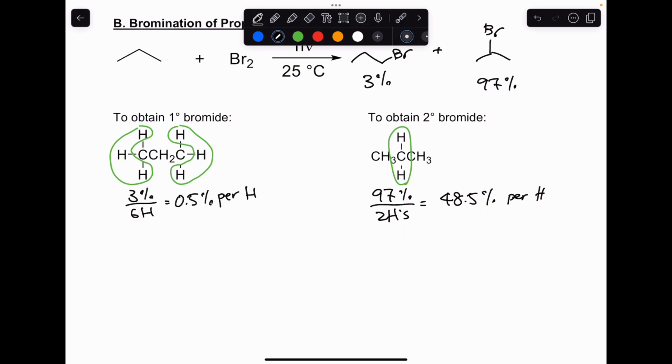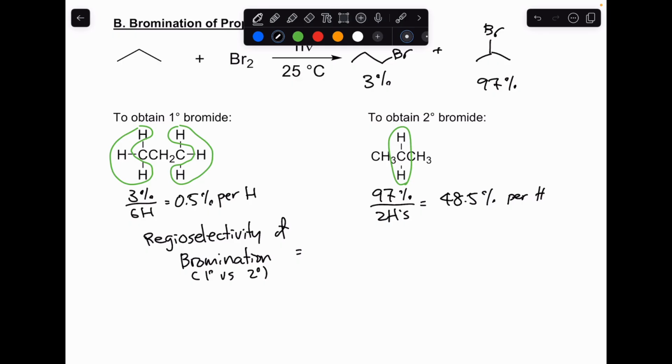Regioselectivity of bromination then, like before, it was chlorination regioselectivity, and this time for bromination, this is primary versus secondary. To do comparison to tertiary or something, you need to look at the data from the table in the textbook.